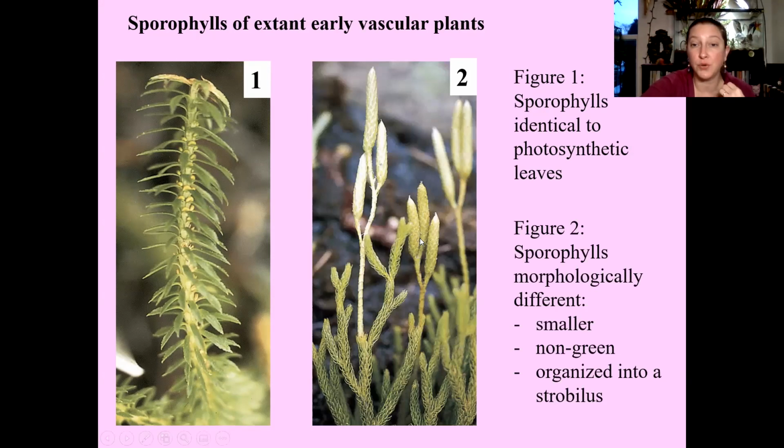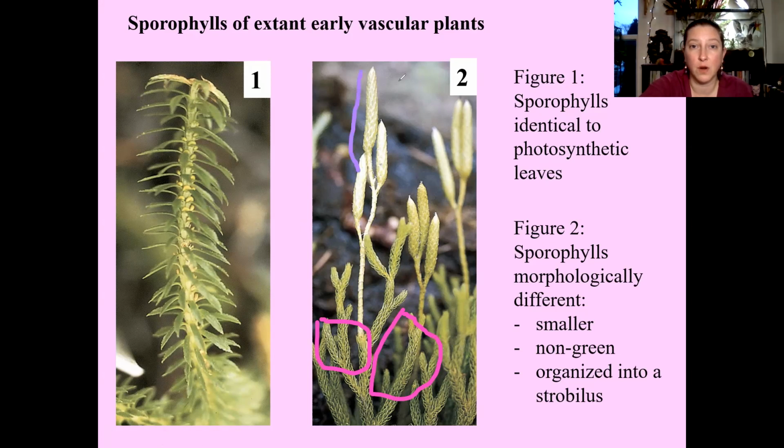Whereas if you look at number 2 here, the sporophylls look morphologically different than the regular microphylls. So regular microphylls are down here. Green, pokey, regular looking microphylls. The sporophylls, though, are up here.